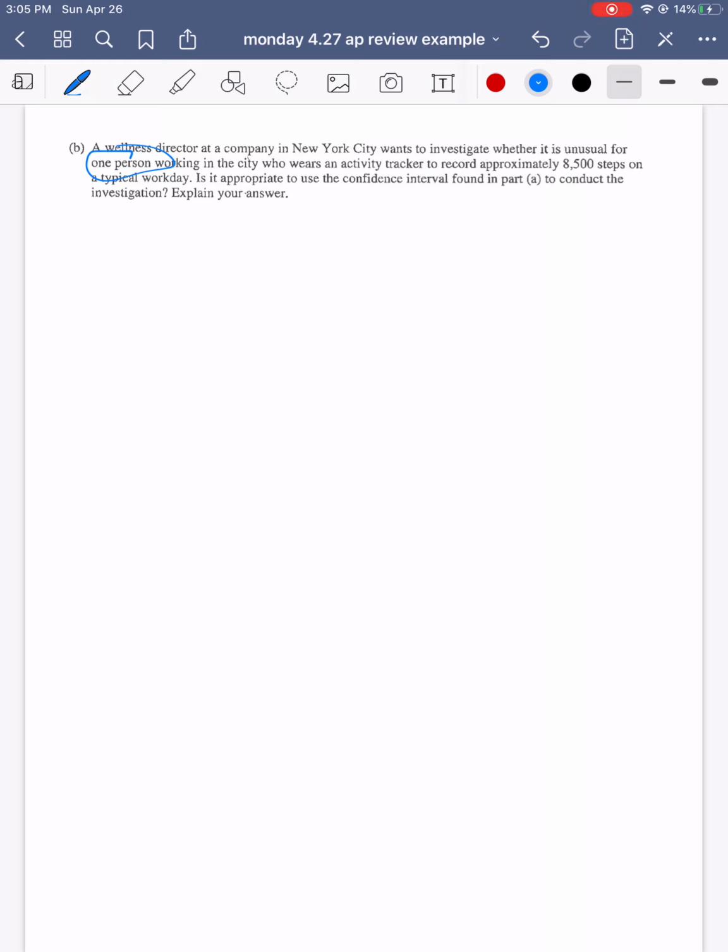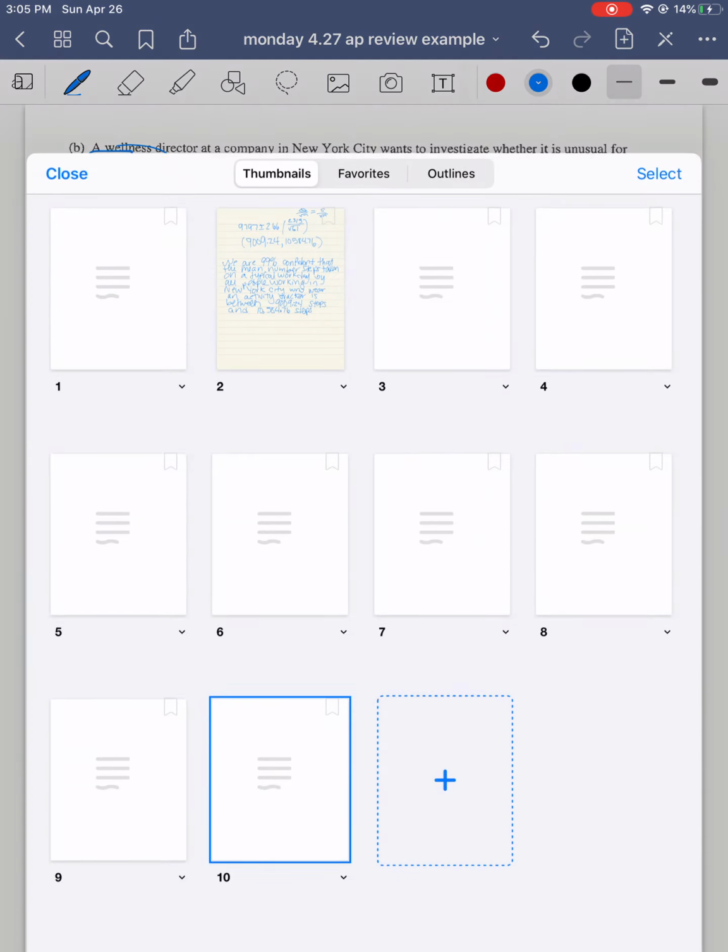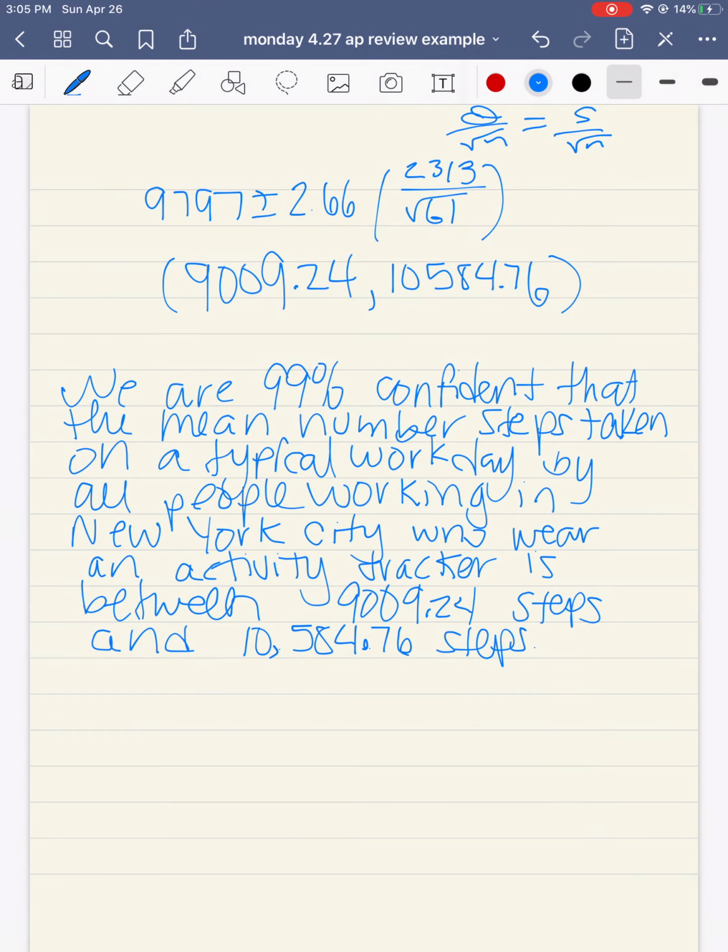Our confidence interval tells us, and let's actually just go back to our interpretation, it tells us the estimation for the mean number of steps taken on a typical workday by all people in New York City who wear an activity tracker.